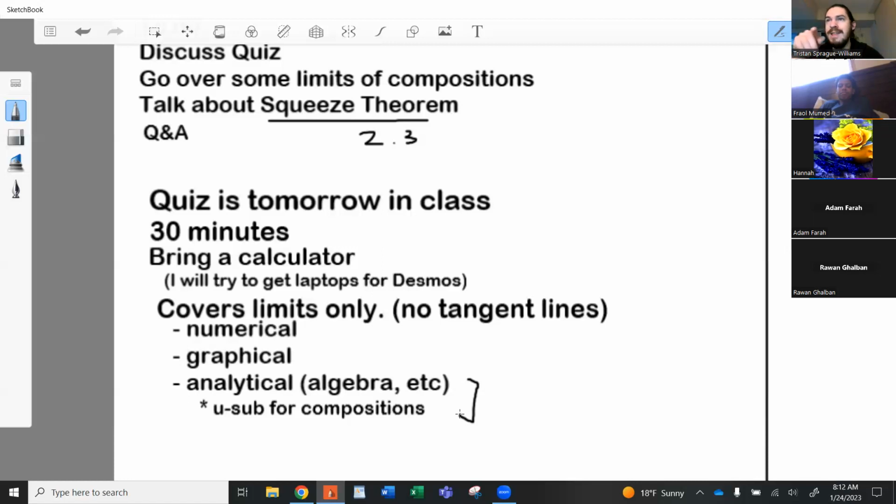Remember how you can factor and cancel, and then it's equivalent except it was undefined and now it's defined. The theorem is that those two expressions will have the same limit at that x value where they differ, because they're the same everywhere else. So what characterizes an analytical solution is that it doesn't involve any guesswork. It's based on the theorems.